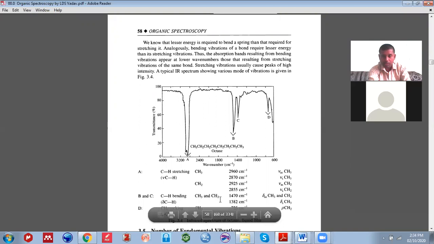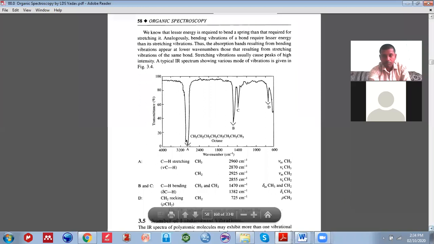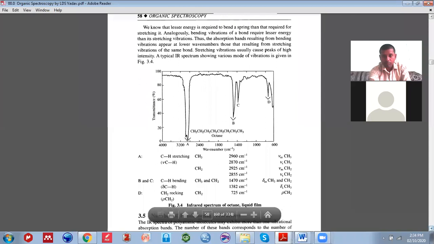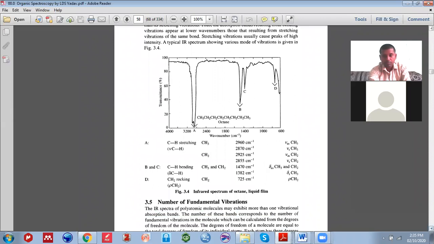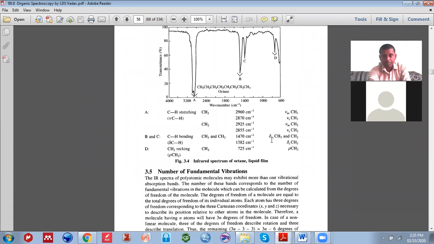CH3 and CH2 both show bending. Bending also has two types, symmetric and asymmetric: 1470 for asymmetric cases and 1382 for symmetric cases.